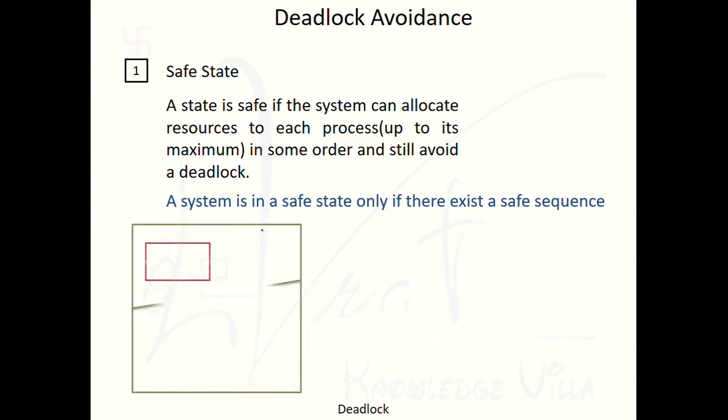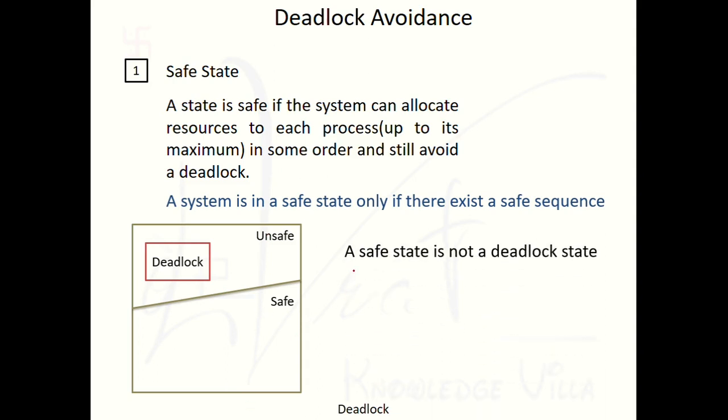So let's see. There are two states, safe state and unsafe state. Now you can easily understand what a safe state is and what an unsafe state is. And an unsafe state may lead to a deadlock. So for these two states, we can say that a safe state is not a deadlock state. Yeah, definitely a safe state is not a deadlock state.